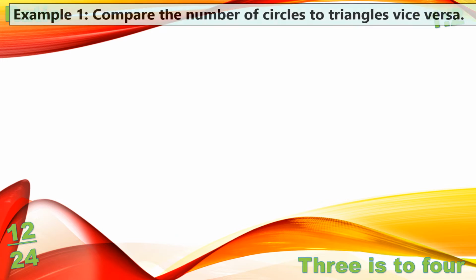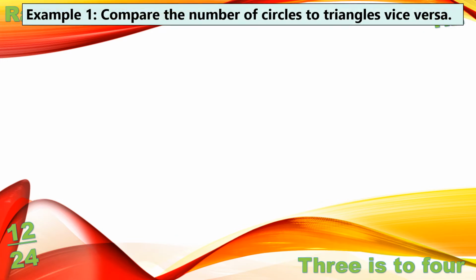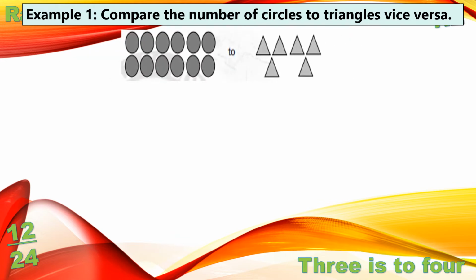Okay, so example number 1. Compare the number of circles to triangles and vice versa. So let us count the circles first. 1, 2, 3, 4, 5, 6, 7, 8, 9, 10, 11, 12.